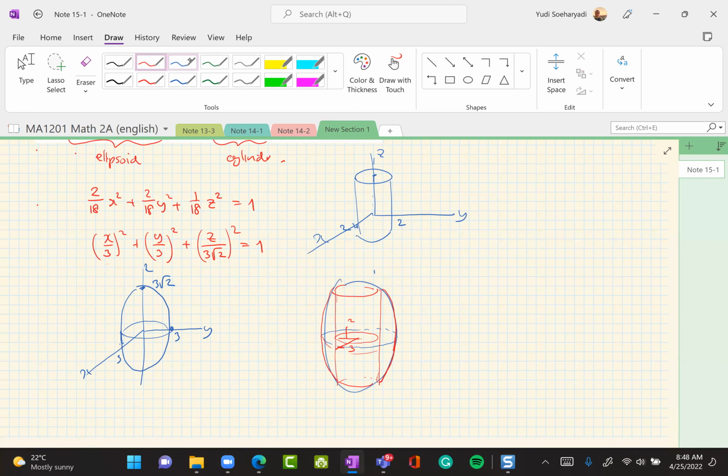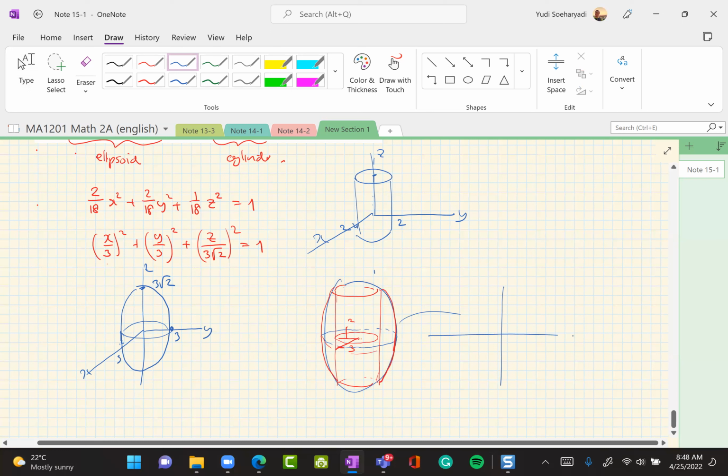So when you look at the domain of integration, there is 2, 3, 2, negative 3, 2, 3.